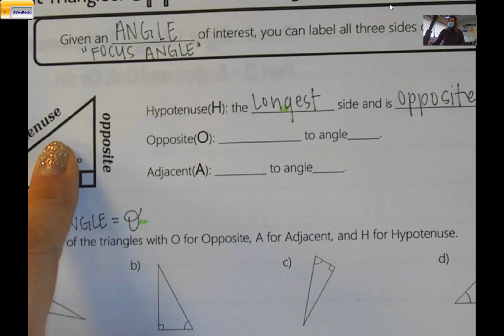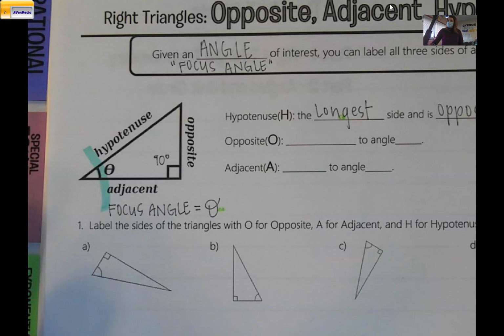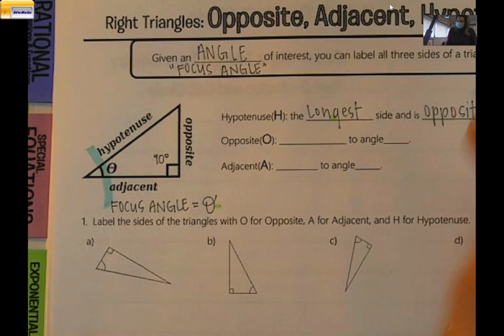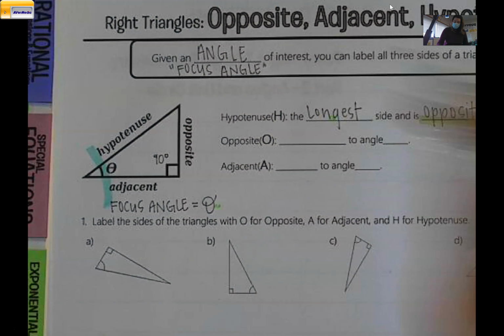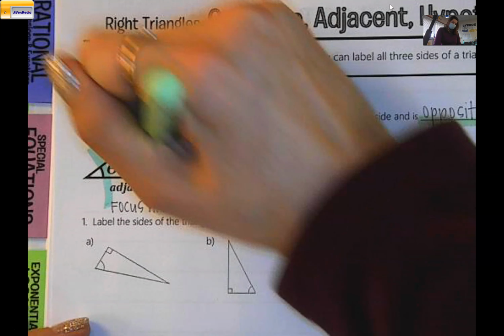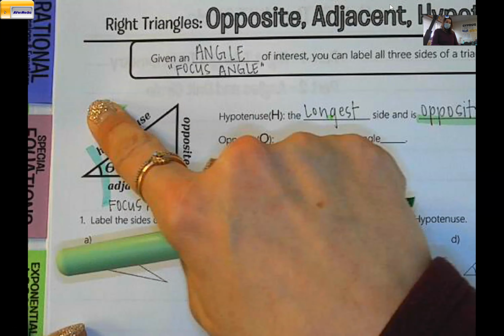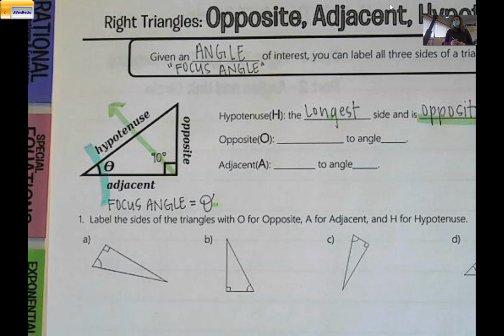When it says opposite, it literally means that it's on the opposite side. If you look across the triangle to the opposite side, that's always your hypotenuse.